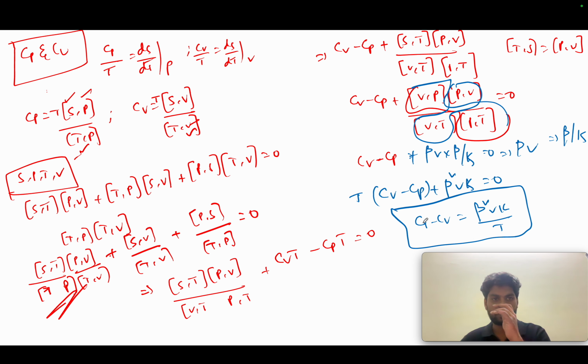Any doubts in this equation? How the Cp minus Cv formula came? Sorry, it will be T here. One second, I made some mistakes.